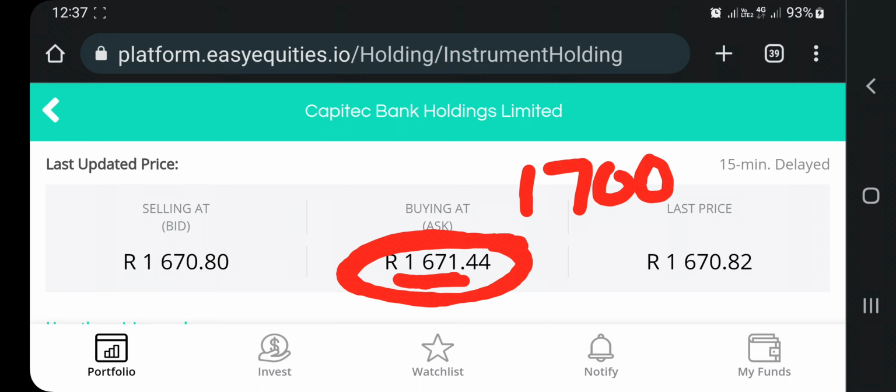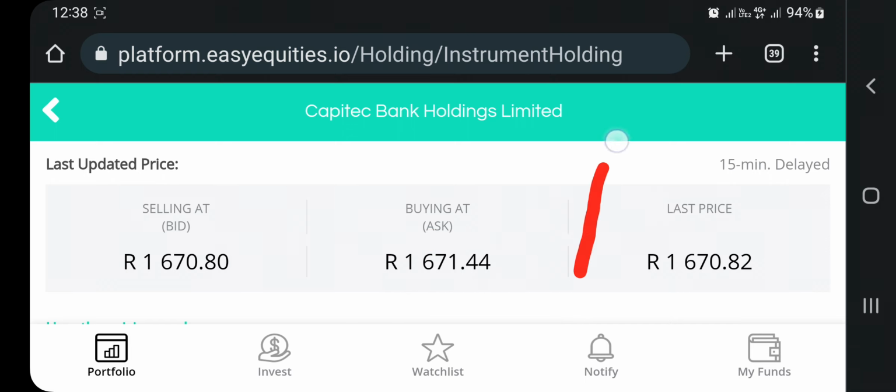Right now it's sitting at 671, and then it's moved to this, which means there is a certain percentage that shows the market moved, and now you are making some money. In your portfolio, overall or current value, you're going to see a plus something. Yes.